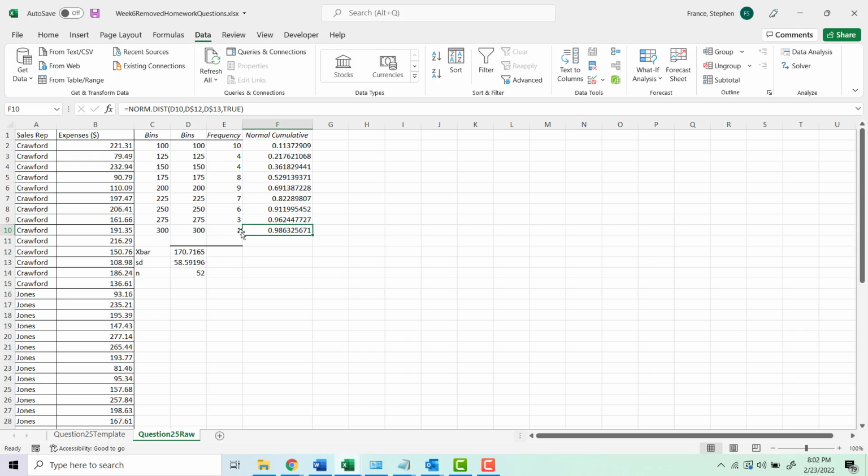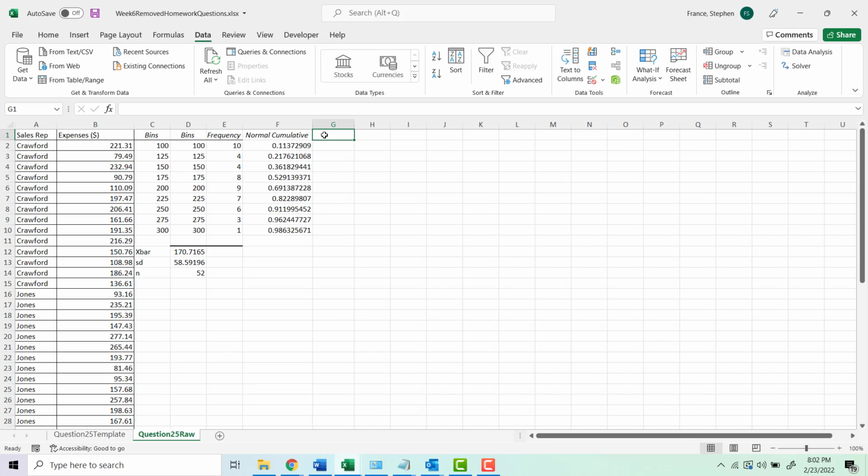So this is kind of the normal kind of cumulative. And what we want to do here is work out what we would have if it was non-cumulative. So how much of the proportion is in each of these bins if it was normal. So the first one is just going to be F2.